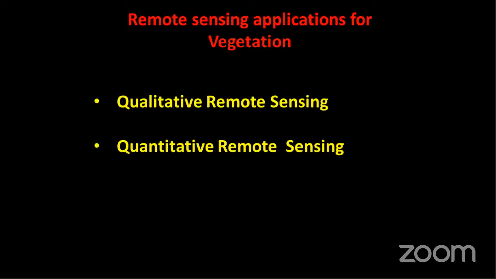A vegetation scientist or botanist likes to assess the type of vegetation present, or the species identification, meaning what species is present in a particular forest, because forests are not accessible to all. When we have remote sensing data and techniques, we can identify what species is distributed where.